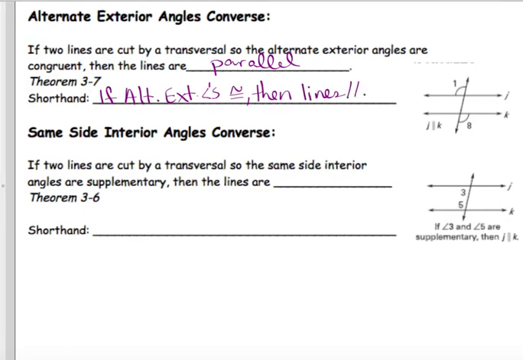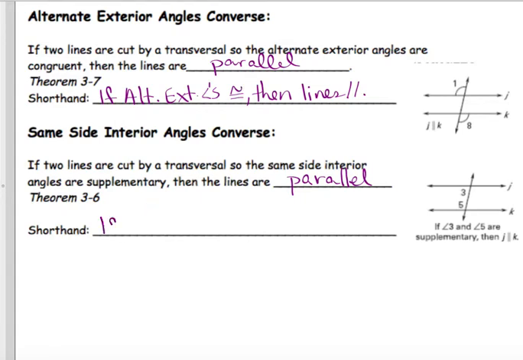And the last one is the same side interior or the consecutive interior angles. They have 2 names. Remember that these are the ones that are supplementary, so their rule is a little bit different. If 2 lines are cut by a transversal so that same side interior angles are supplementary, then the lines are parallel. And where we had put congruent in our shorthand before, we're going to put supplementary there.